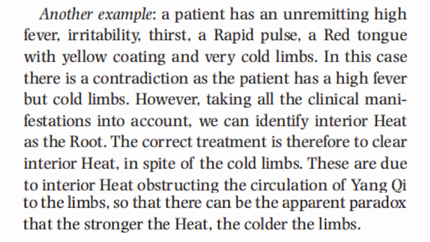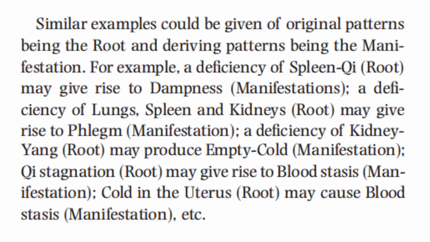The correct treatment is therefore to clear interior heat in spite of the cold limbs. These are due to interior heat obstructing the circulation of yang qi to the limbs, so that there can be the apparent paradox that the stronger the heat, the colder the limbs.